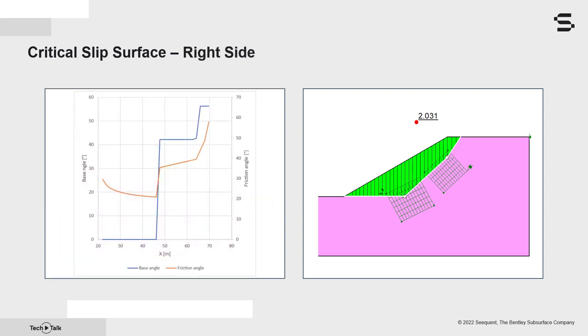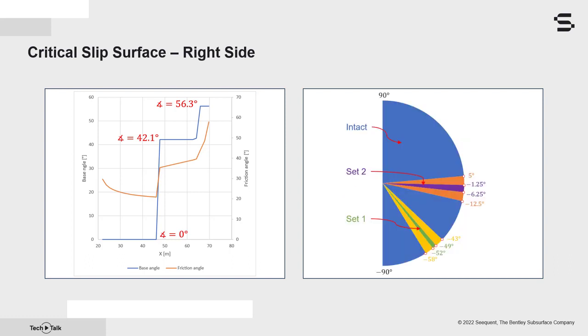By performing the same analysis as we just did for the left side, we can draw the following plot for the base angle of the slip surface and the mobilized friction angle. Plotting the base angle onto the compound strength model definition diagram reveals that the first section of the slip surface aligns with the transition from the second joint set to the intact material, while the second and third portions of the slip surface align with the intact rock mass.